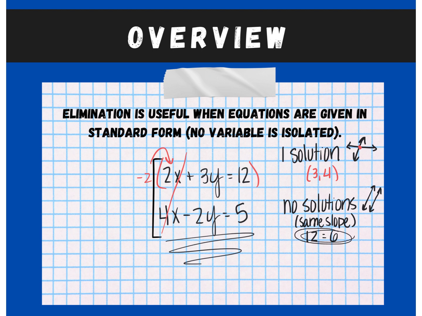The last solution type is infinitely many solutions, which I keep abbreviating for the sake of space. That's when you've got 2 lines that are completely on top of each other. In fact, they're the exact same line. They have infinitely many solutions because they have every point in common. Now, when you're looking at the equations, you might recognize it because your equations are exactly the same. They have the same slope and the same y-intercept.